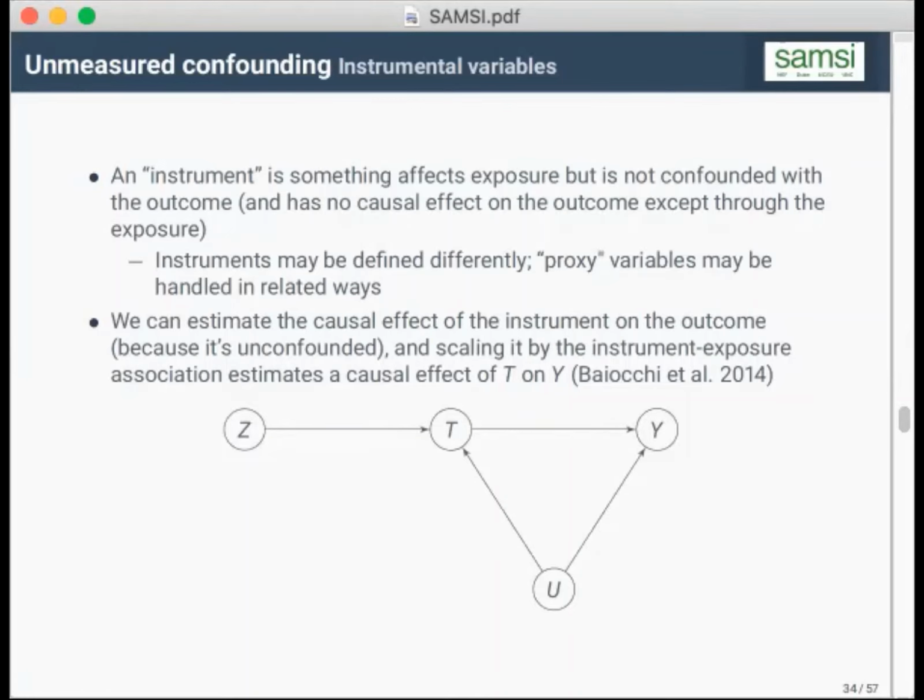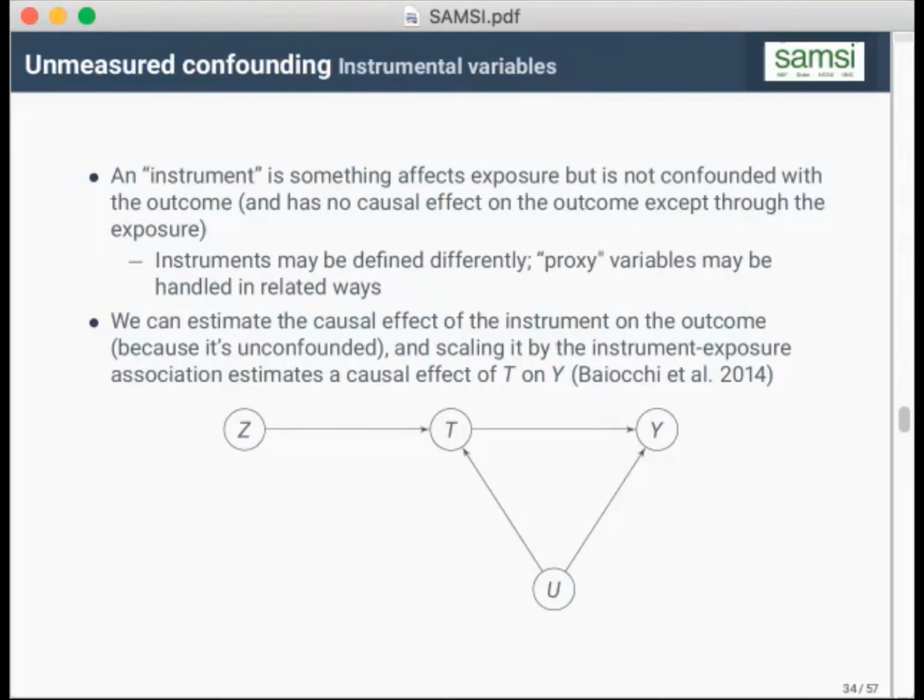You can see that in this graphical diagram, where Z is the instrument and Z causally affects the treatment, but does not affect the outcome Y directly, only through T. And we'll see how the existence of such an instrument can recover valid causal effects of T on Y, even though in this case T and Y have an unmeasured common cause. So there's unmeasured confounding for the treatment outcome relationship that we're interested in, but the existence of this instrument Z is going to help us get around that.